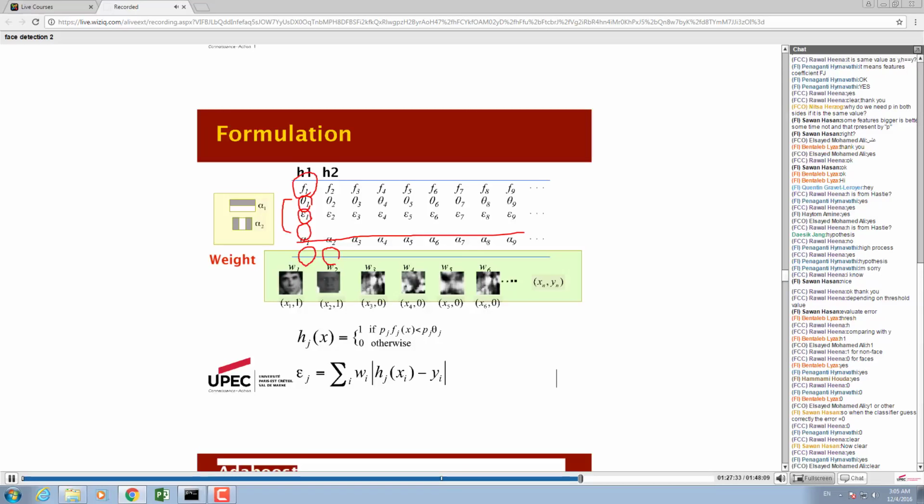Every sample has a corresponding weight W. As we have already discussed, W is not generating any serious output. This is a kind of temporary weight just to calculate error.